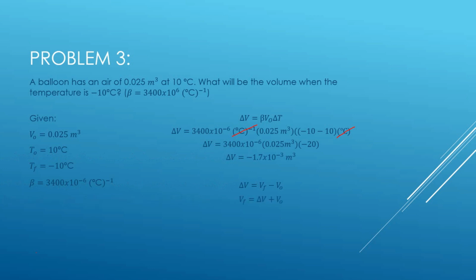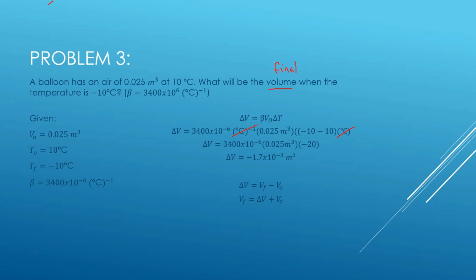So to find the final volume, because it is asking what will be the volume when the temperature is negative 10 degrees Celsius, they are asking for the final volume. Using the same method as earlier, change in volume is equal to the final volume minus the initial volume.